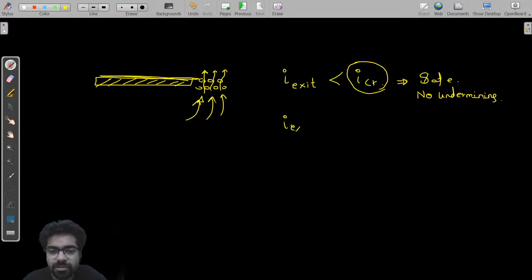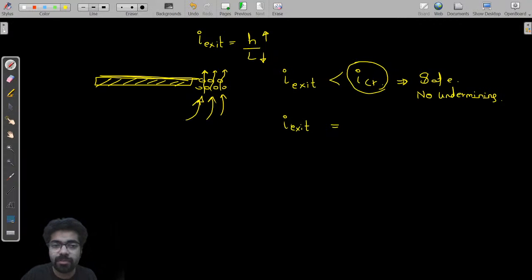And if, unfortunately, this exit gradient, or head difference, increases, note that the formula for exit gradient is simply h by l. If head increases and length decreases, you will be in problem.